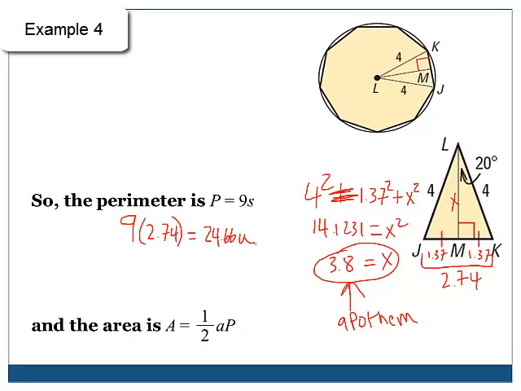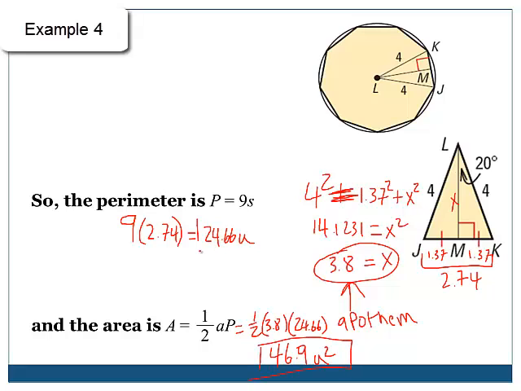Now dealing with area, you do 1/2 your apothem, which in this case we know is 3.8, times your perimeter, which is 24.66. So 24.66 times 3.8 times 0.5 gives you a grand total of 46.9, rounded to the nearest tenth, units squared.